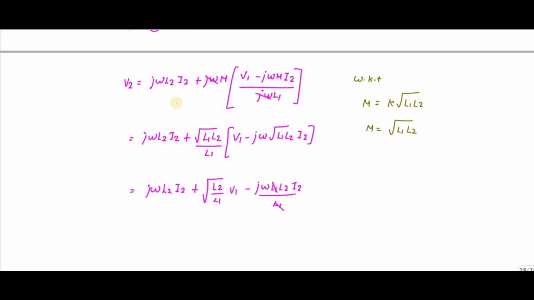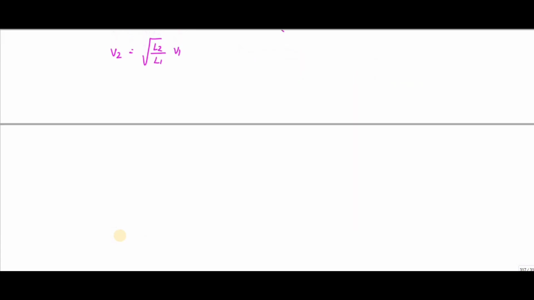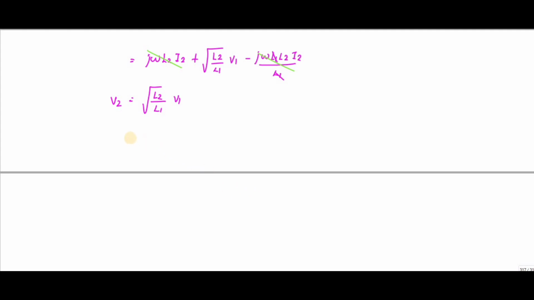If you see, these two terms get cancelled out. So I can write V2 is equal to root of L2 by L1 into V1. What is the value of root of L2 by L1? It is nothing but N, where N represents the turns ratio. That is equal to root of L2 by L1.